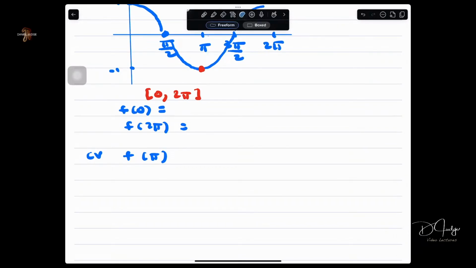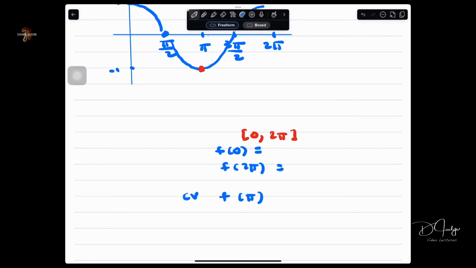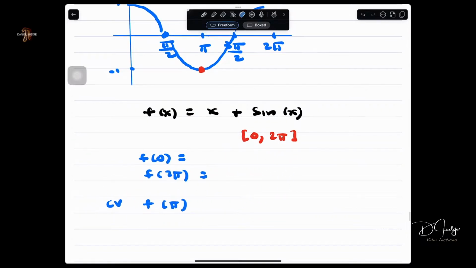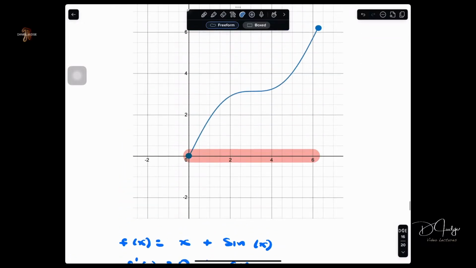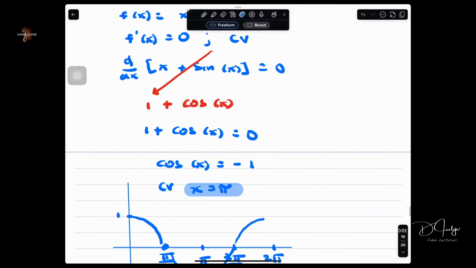We just have to remember what the function was. So let's move everything down here. And this function was x plus sine x, 0 to 2 pi.